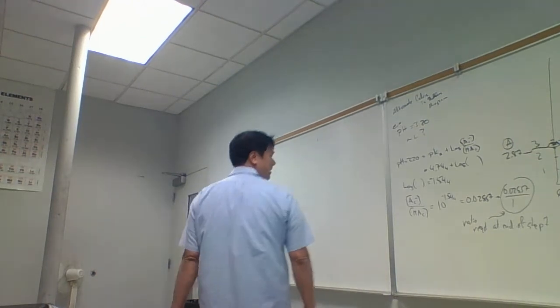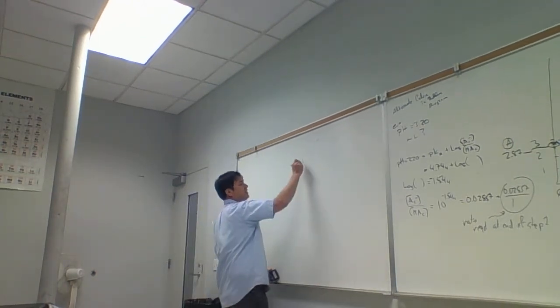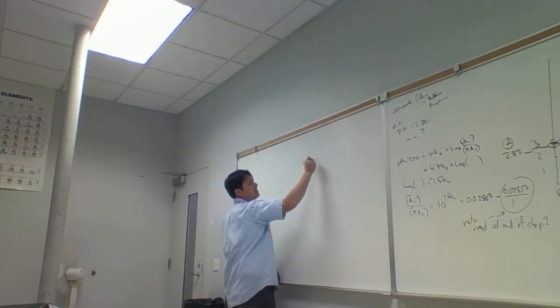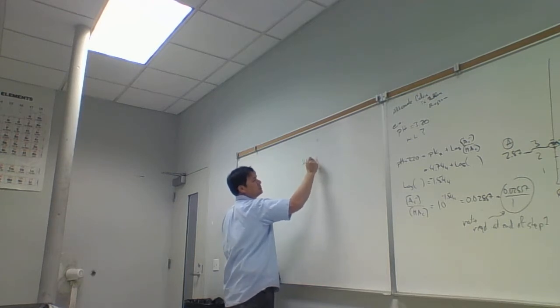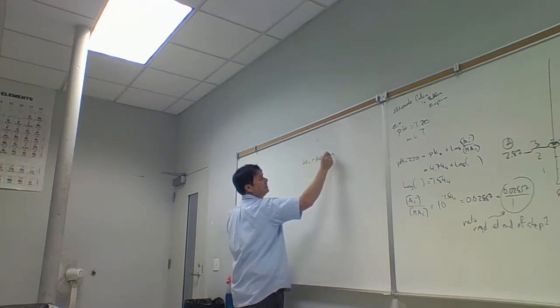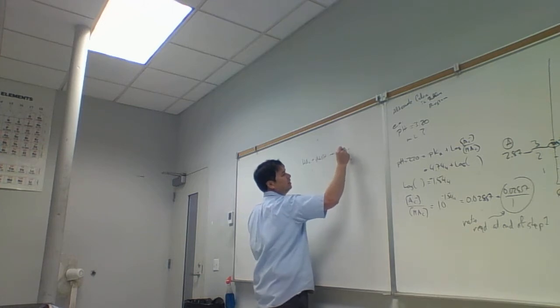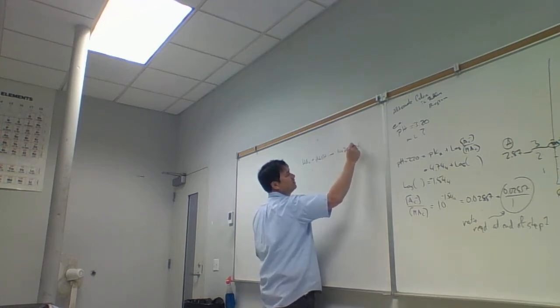Okay, so what we'll do is set up the ICE table here to try to figure it out. Because at the end of step 1, it is acetic acid plus the strongest base present, which is sodium hydroxide, and it's going to yield sodium acetate plus water.